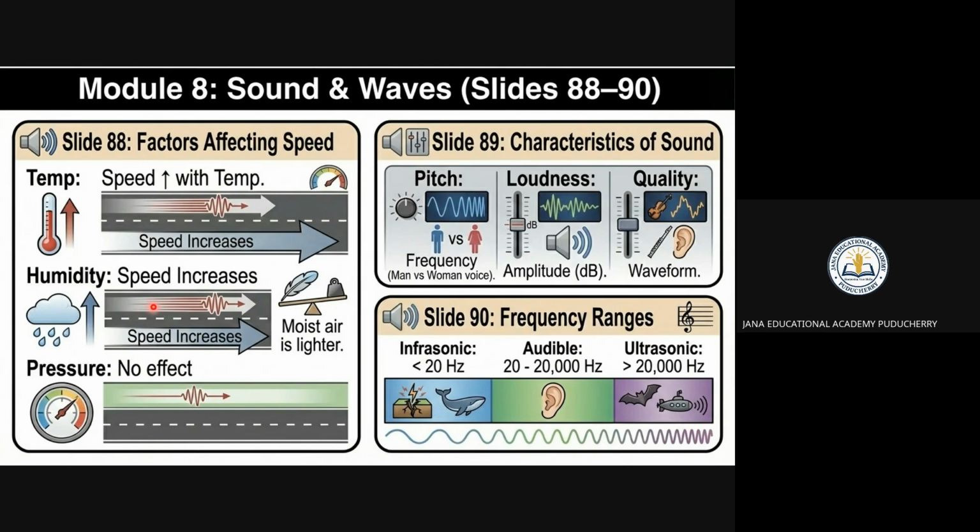Which one has more elasticity? We have seen that steel has more elasticity. So steel can take the highest speed. Now an important question: the speed of sound is maximum in air, water, steel, or vacuum?